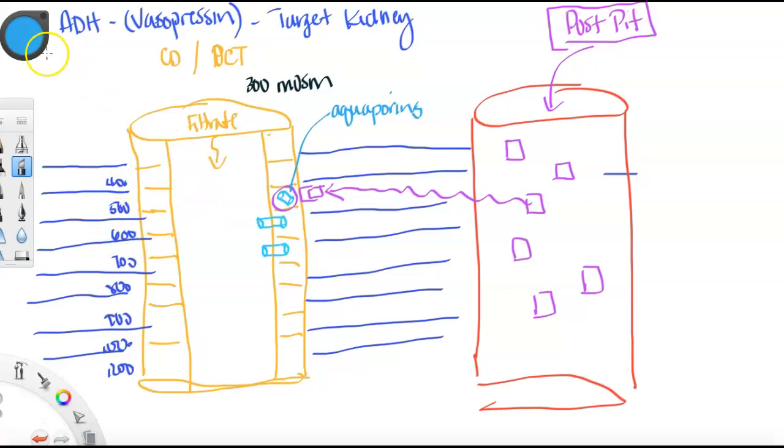It's going to follow the solute, right? So water is going to leave the filtrate. And it will end up being resorbed into the blood. And that will increase blood volume, which will increase blood pressure.